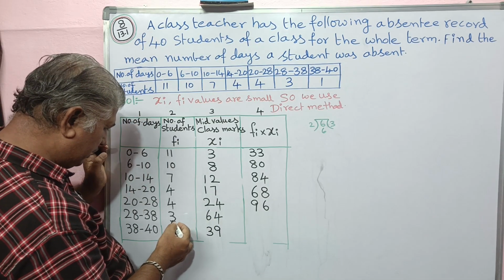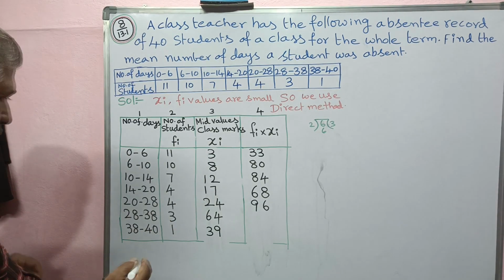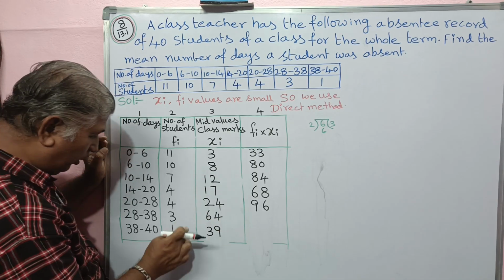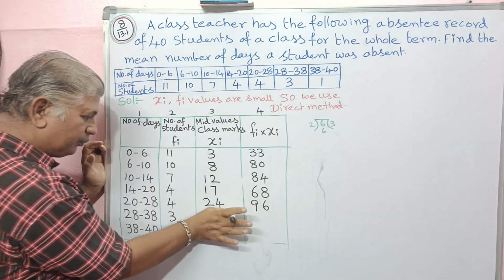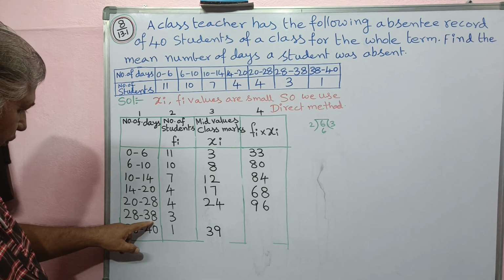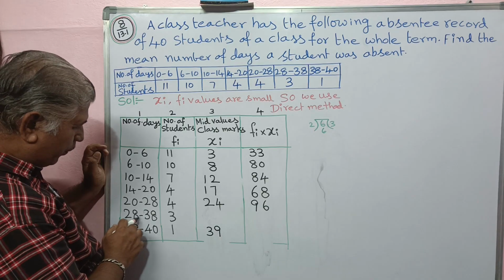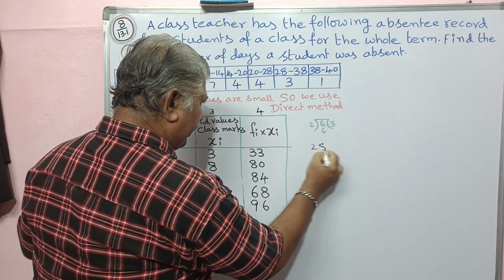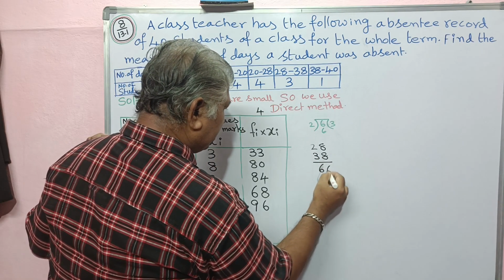64 into 3, no, this is not 64. 28 plus 38 is 66.